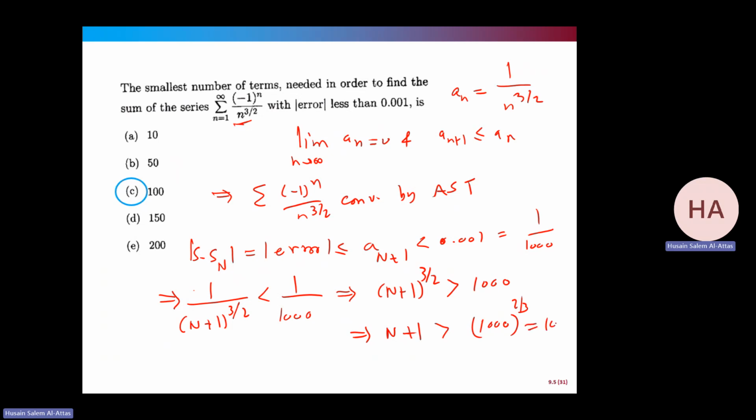That gives me 100. So my n will be greater than 99. So the smallest number of terms, an integer more than 99, so it's 100. That will be my answer.